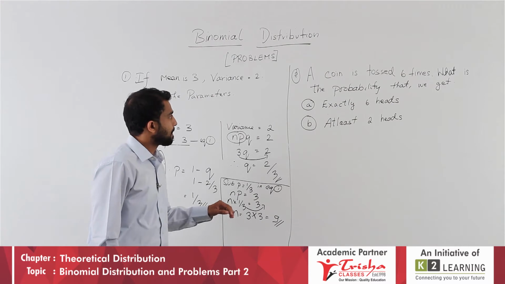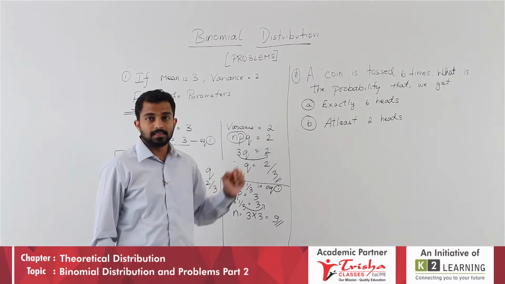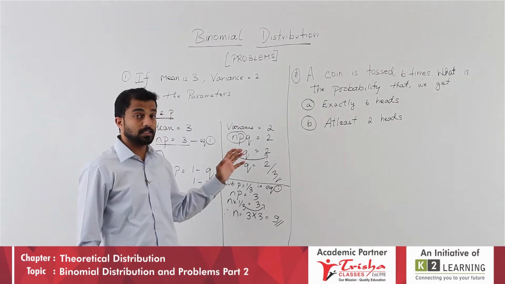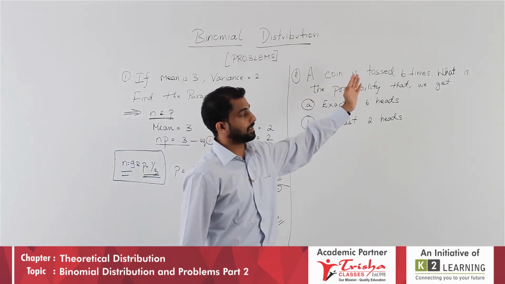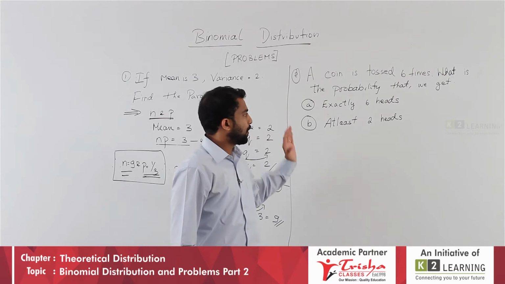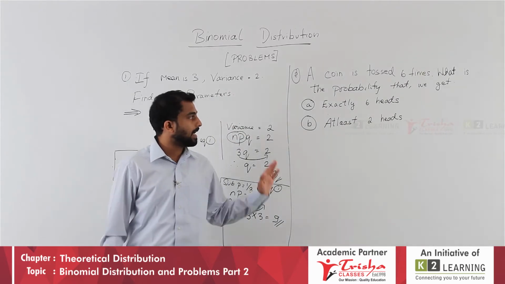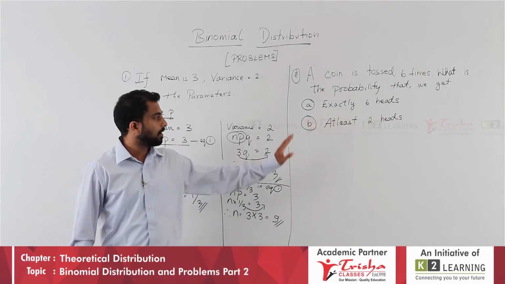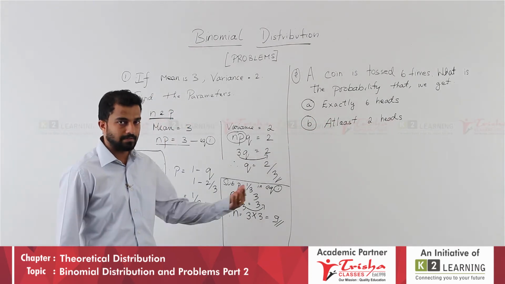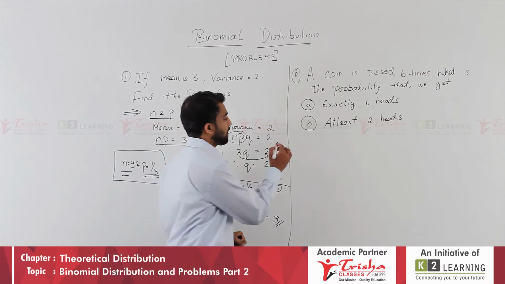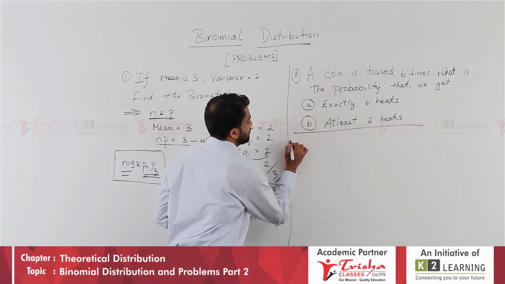Okay. Now this one is the second question which uses probability mass function. A coin is tossed 6 times. What is the probability that we get exactly 6 heads? At least 2 heads. These are the two questions. Firstly, even before going further, let us write certain things down.